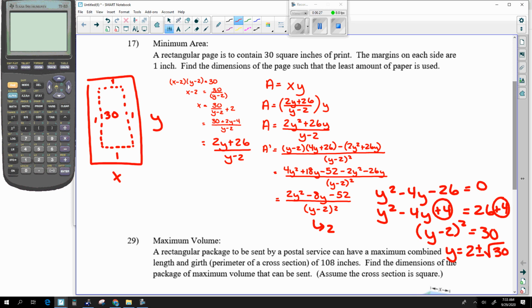All right. Okay. So putting that on my area list here. So we have critical numbers at 2, and then I'm assuming it has to be the 2 plus the root 30.